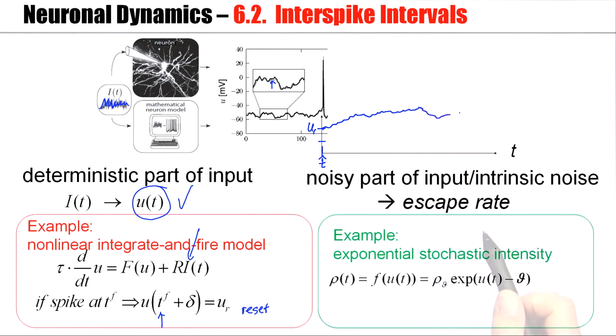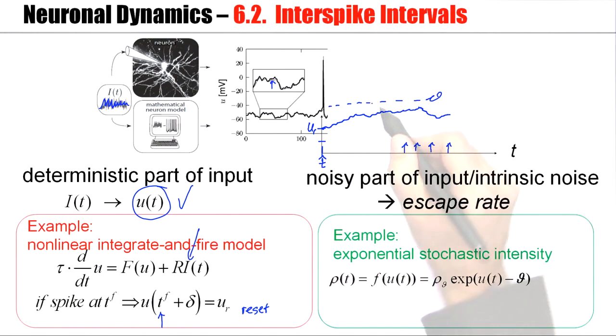And then the question arises, will this neuron fire again here? Or will it fire again here? Or there? Or there?